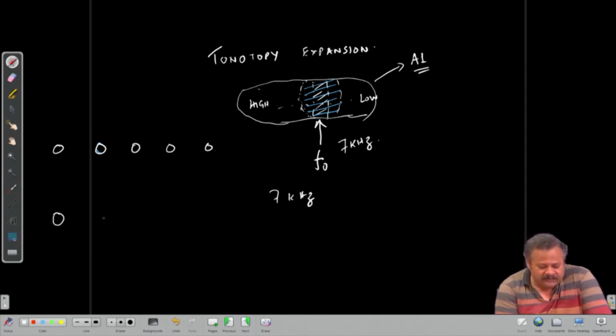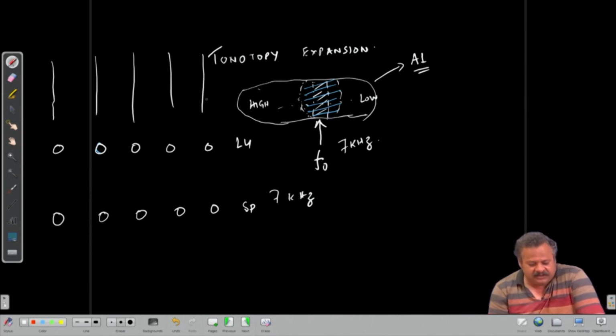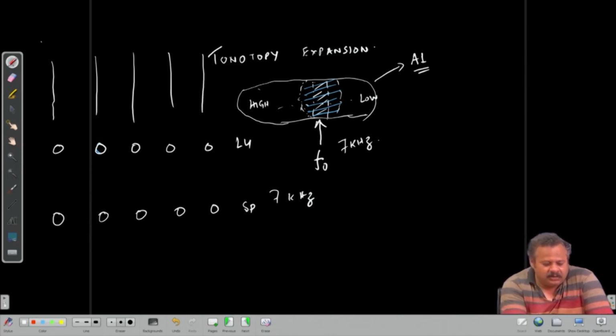And let us say you have subplate neurons here. So, this is the subplate layer, this is the layer 4 layer, and these are the different frequency channels, let us say low frequency to high frequency.